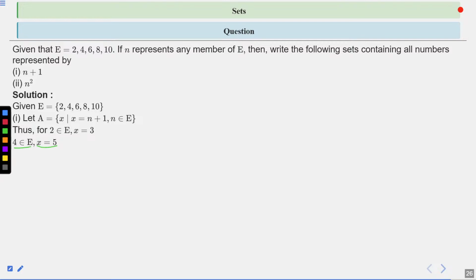For 4, x will be 5. And so on. We will get 5 elements: 3, 5, 7, 9, 11. Clear?